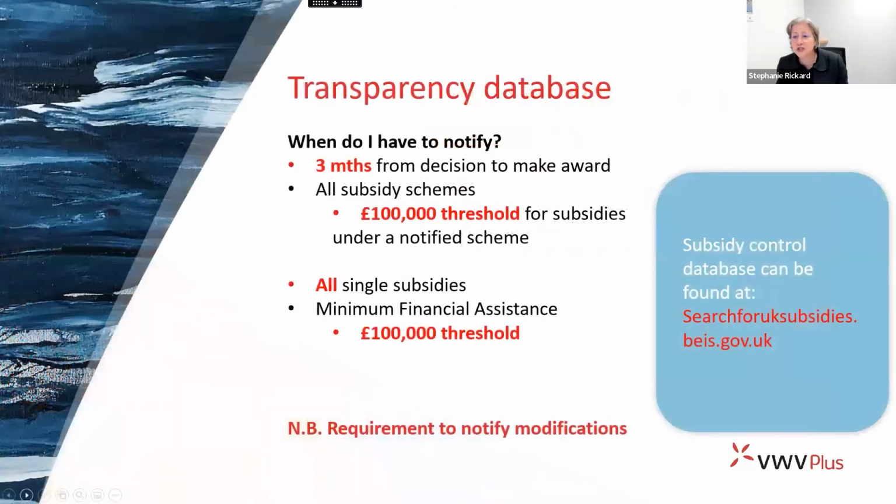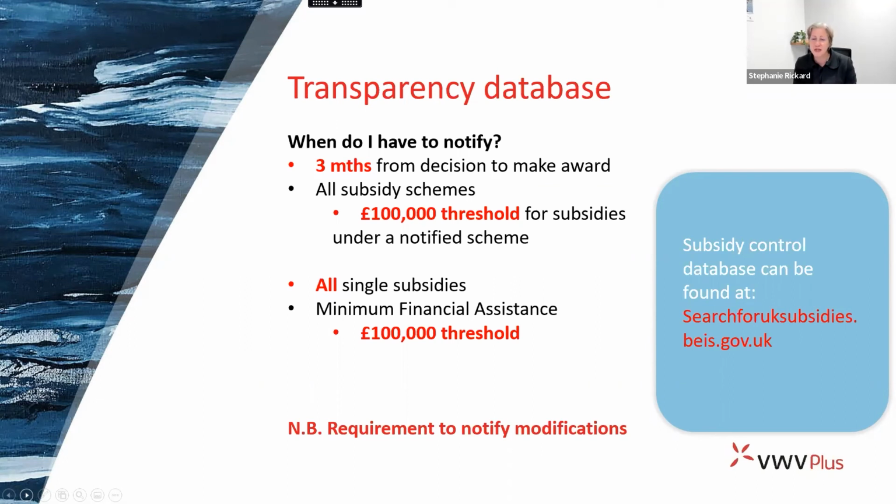Right, so I mentioned at the beginning of my talk that one of the big changes in terms of the passage of the bill through to Act had been in relation to the transparency database. So the thresholds at which subsidies are required to be notified on the transparency database are much lower.